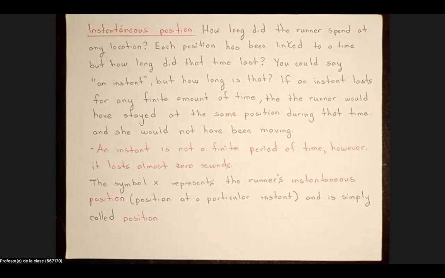So instantaneous position is like, did you see once when you were young, a child, the Coyote and Road Runner, right? Okay, I will look at them on YouTube. Give me a second.